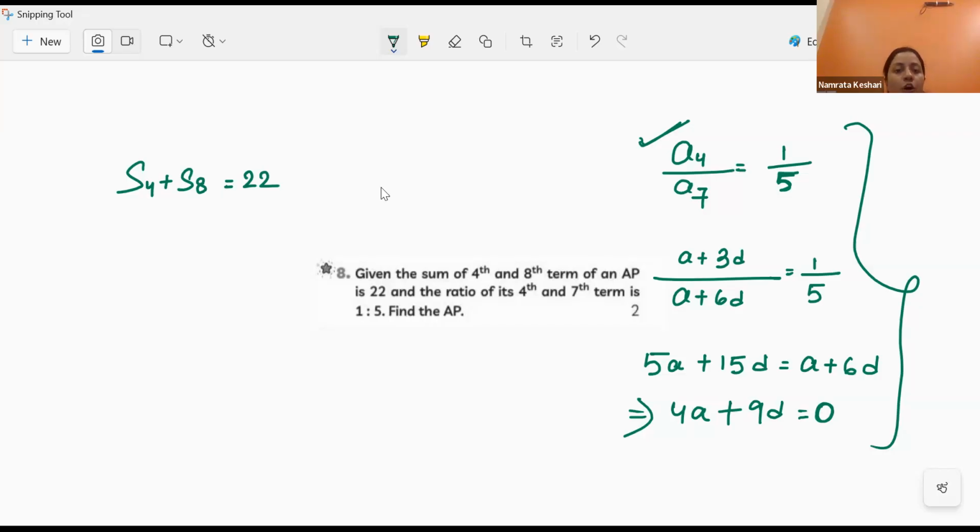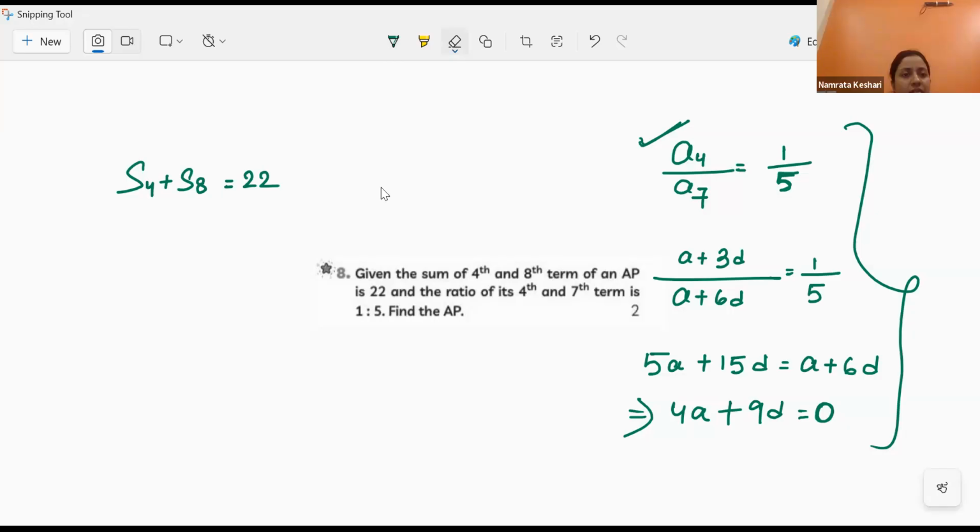Now, given the sum of fourth and eighth term of AP is 22. Sum of fourth term and eighth term. The sum which I have written is not talking about that. It says that A4 plus A8 is 22, right?